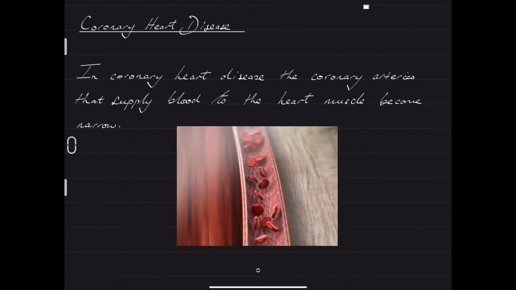Even though it's not in the heart, still a similar type of process occurs in the coronary arteries that results in complications for the heart, which can result in a heart attack or chest pain. So, looking at this simulation, and for argument's sake, let's say this is a coronary artery, I want you to look at how this artery is narrowing.